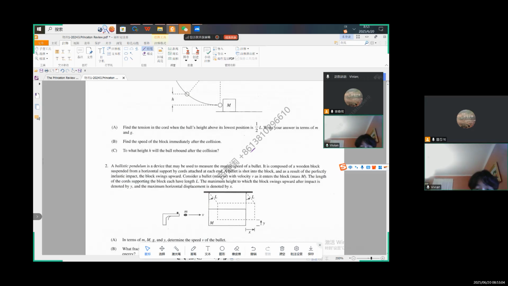If it's perfectly inelastic, that means the energy isn't conserved. But the momentum is the same. The good thing is they have a common velocity after the collision. So it's v times m plus m.